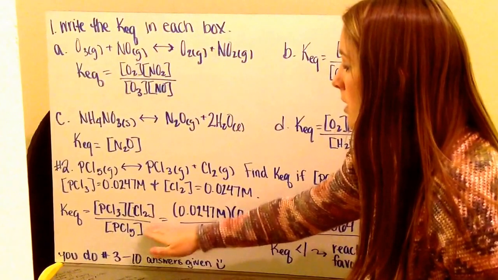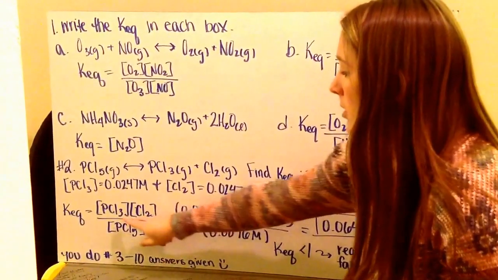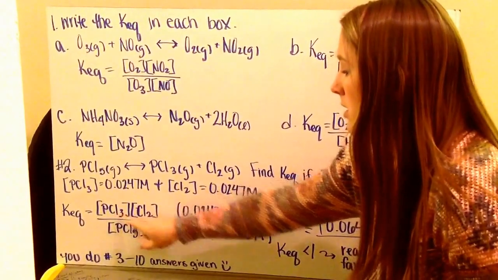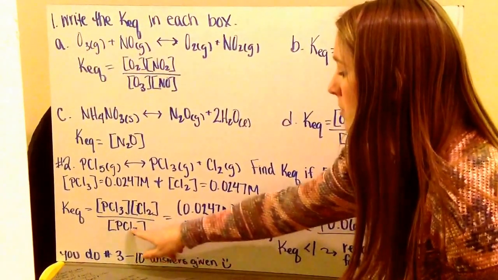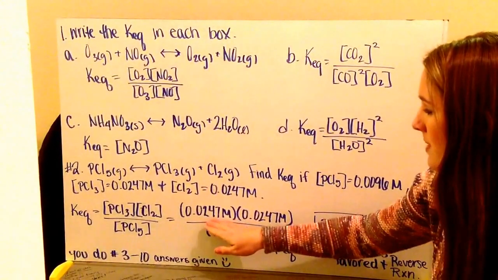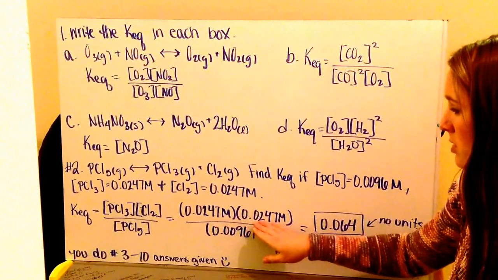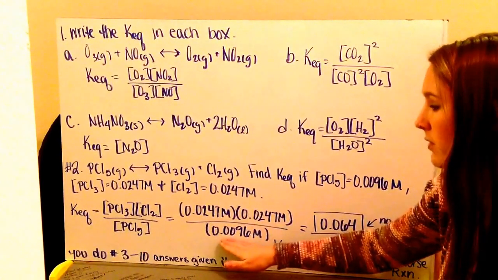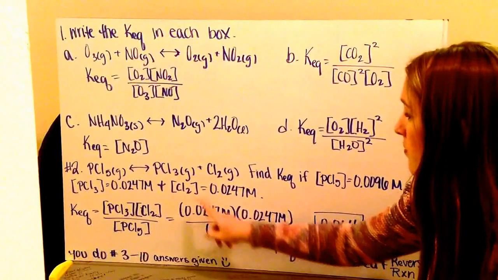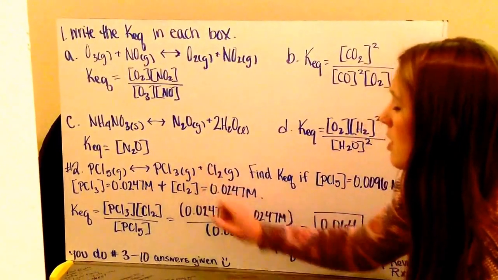So for number 2, you want to start by writing down your equilibrium expression, which is PCl3 times Cl2 divided by PCl5. We plug in our given information, our concentration of PCl3 times our concentration of Cl2 divided by PCl5. You notice that the concentration of both of your products is the same here because they are at a 1-to-1 molar ratio.